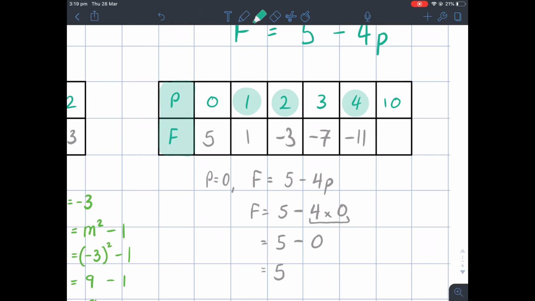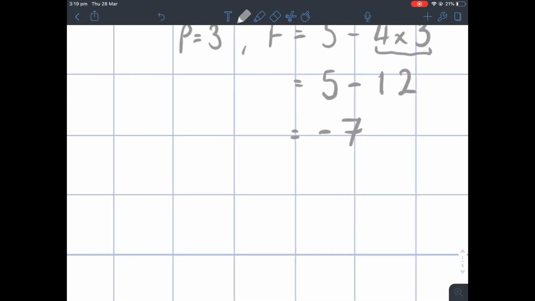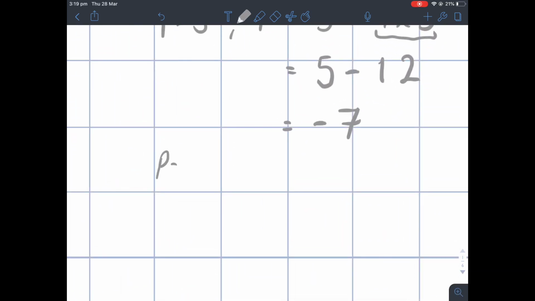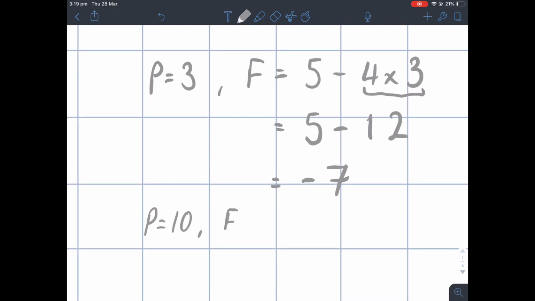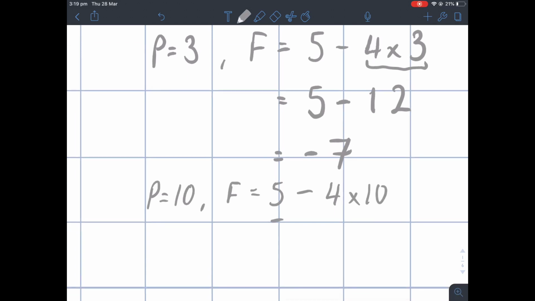And the last one, when p is equal to 10, so we'll just go over this one here. So when p is equal to 10, we've got that f equals 5 minus 4 times 10. 4 times 10 is 40, so this becomes 5 minus 40, and 5 minus 40 is minus 35.